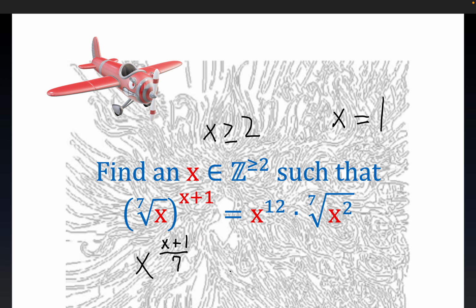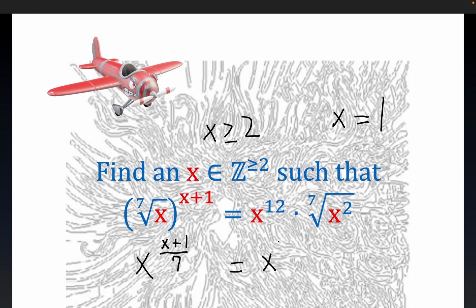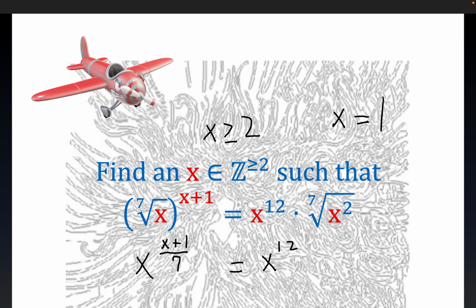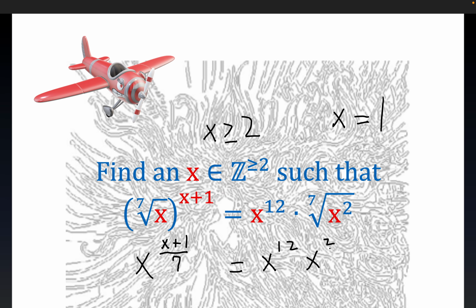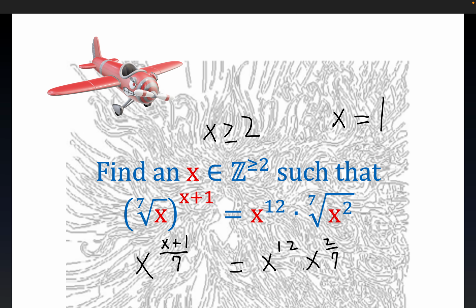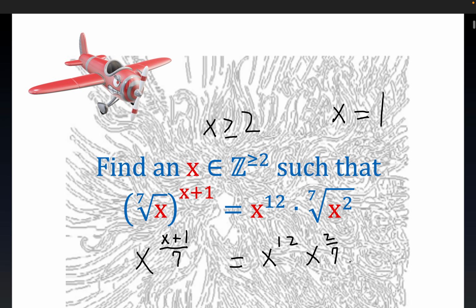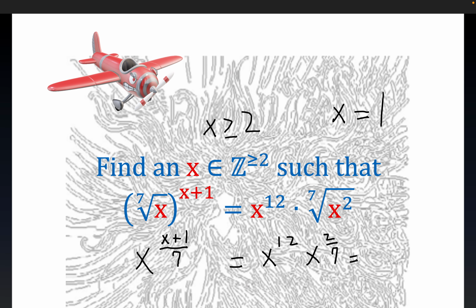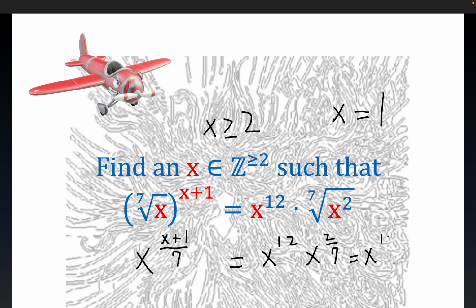Now right here on the right-hand side, we have x raised to the 12th power, something concrete for once, times x raised to the 2 sevenths, 2 over 7. Now you'll note right here that this is a standard situation where you have the same base, so you can add your exponents. So this is equal to x to the 12th plus 2 over 7.